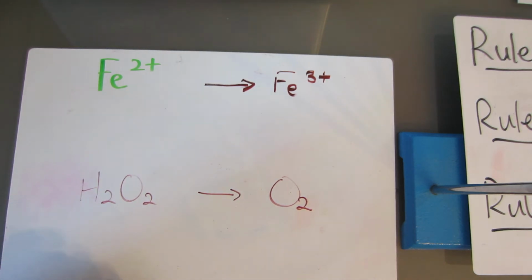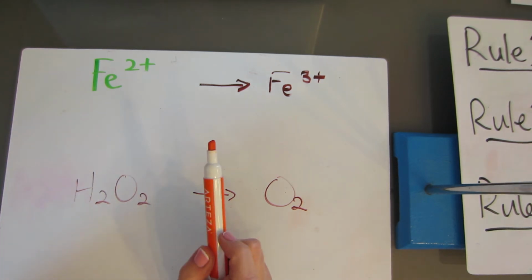Do you see any oxygen? Do I need to use rule number 1? Do you see any hydrogens? Do I need rule number 2? If you don't need them, you don't use rules number 1 and 2. You just add electrons to the more positive side and you should come up with your redox half equation.